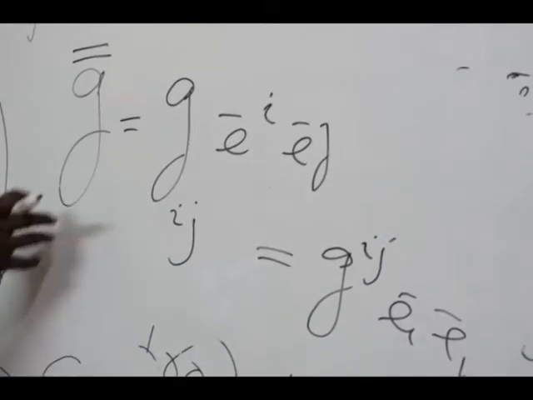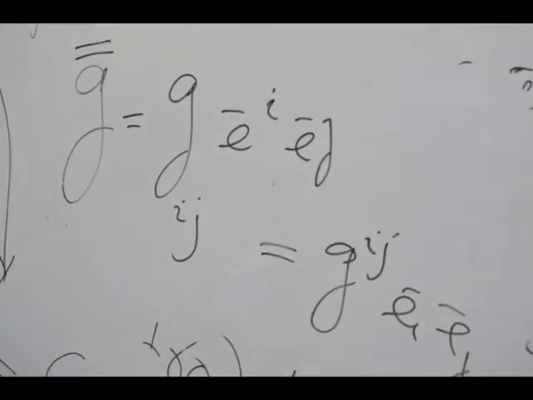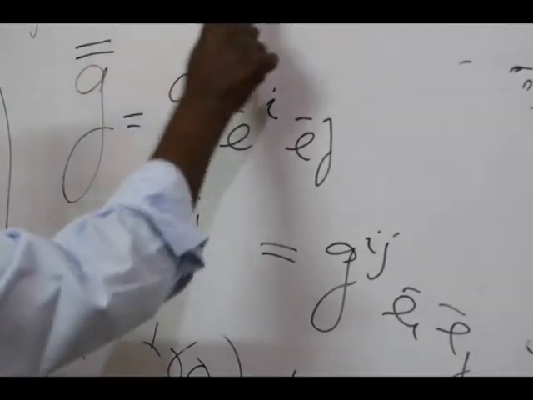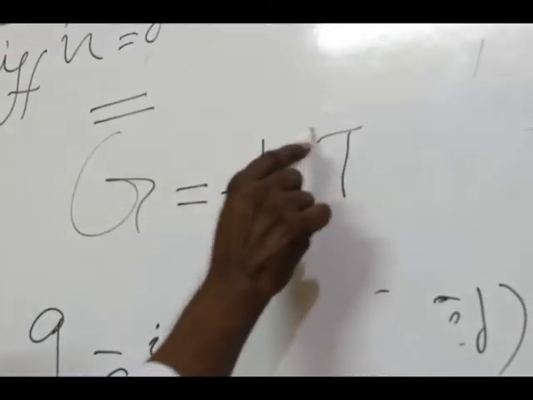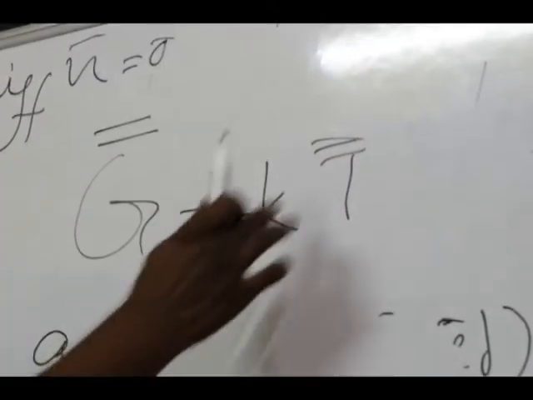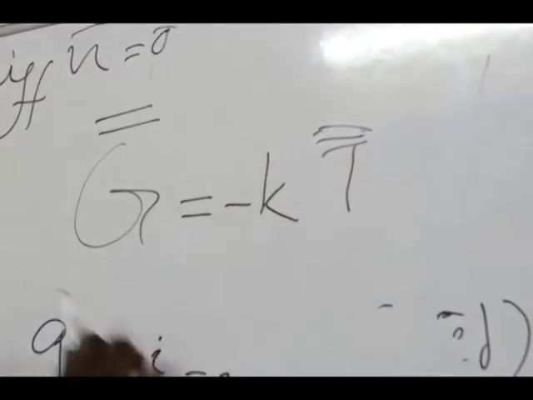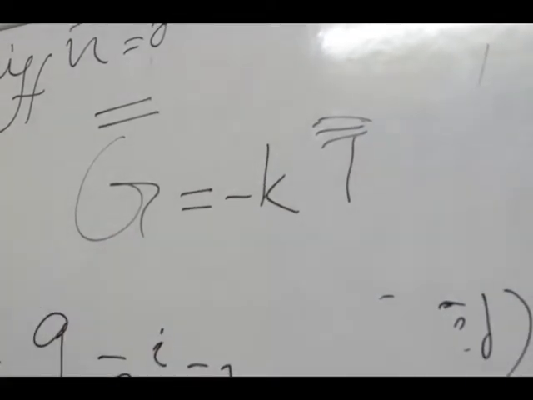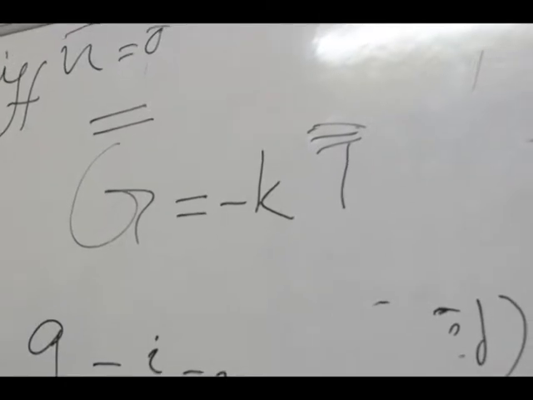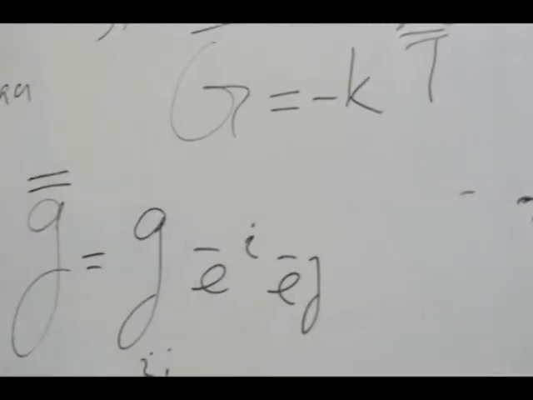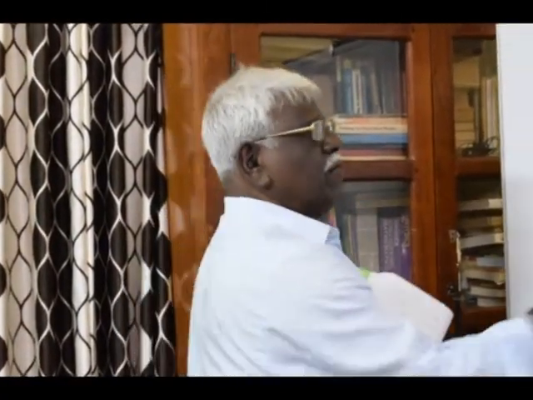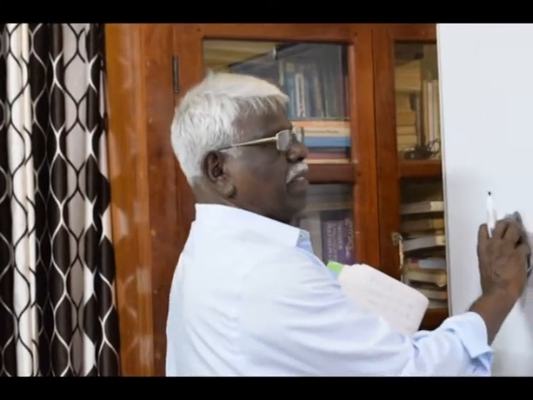This is Einstein's field equation, G equals minus KT, the Einstein tensor and the energy momentum tensor. This G contains this fellow. That is the greatness of Einstein. Only Einstein did it.